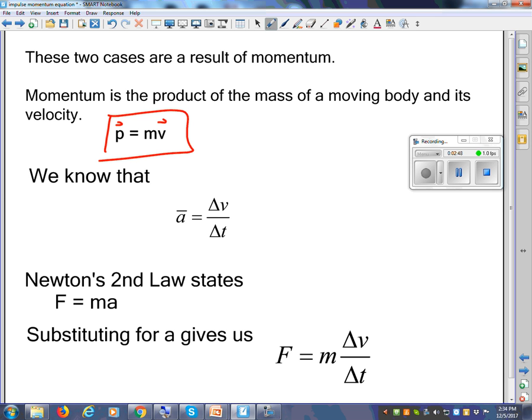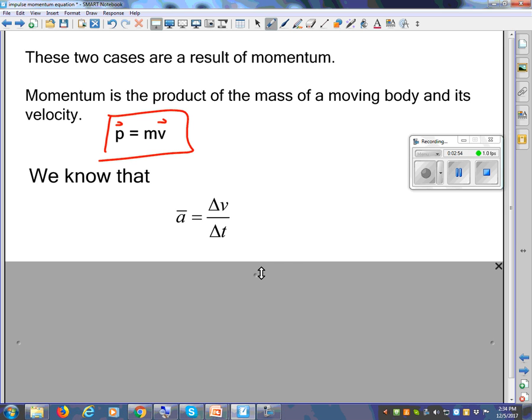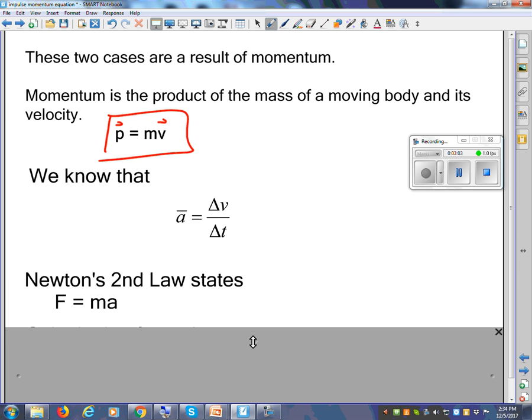Now, think way back to grade 11. You might remember this old gem: a equals delta v over delta t, change in velocity divided by change in time. And Newton's second law, from grade 11, F equals ma. So is this a and that a equal to each other?